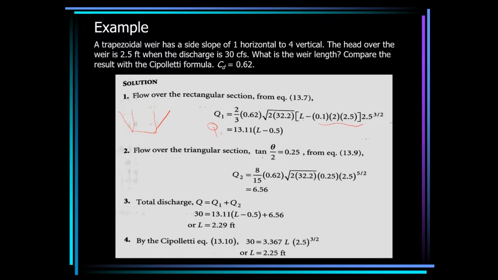Flow over the triangular section. Here, then, tan theta over 2 equals 0.25. And how do you determine that?